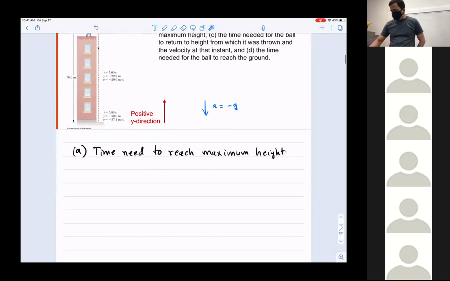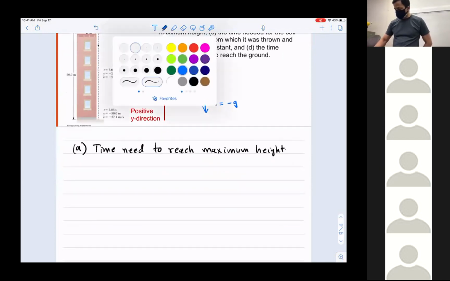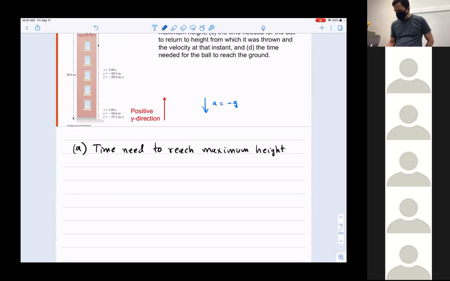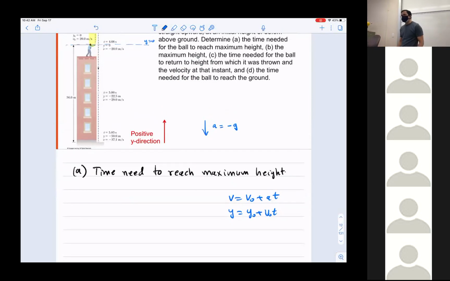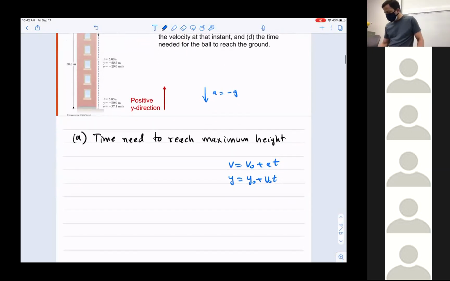So once again, let me go ahead and write down all of our master equations. I'm going to say here v equals v naught plus at, y equals y naught plus v naught t. And in this case, our a is minus g. So I can actually go ahead here and say minus 1/2 gt squared, because I'm using the fact that a is equal to minus g.